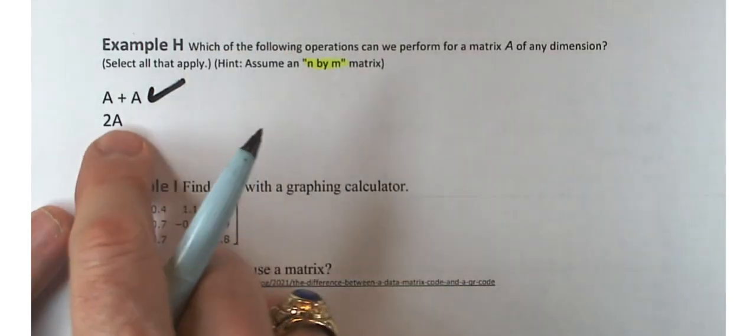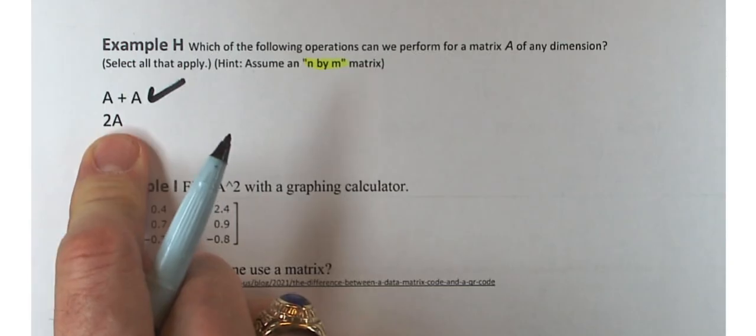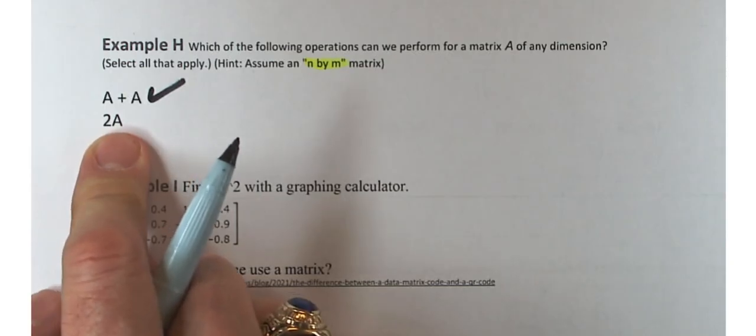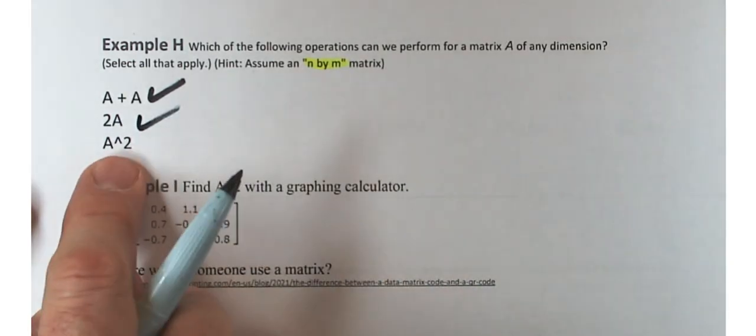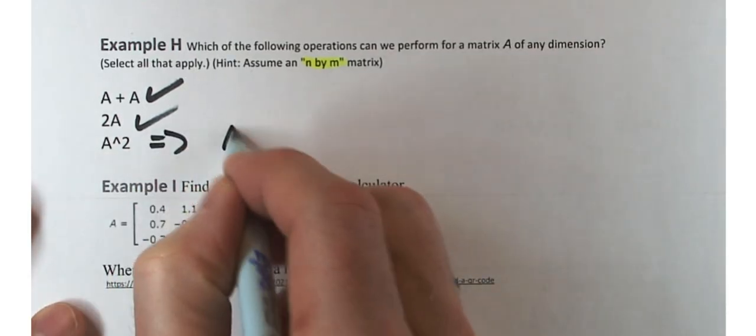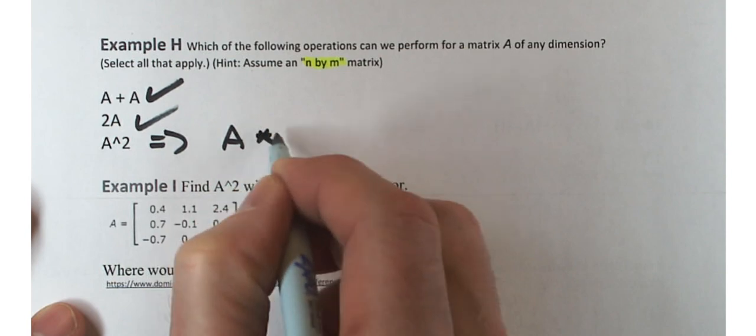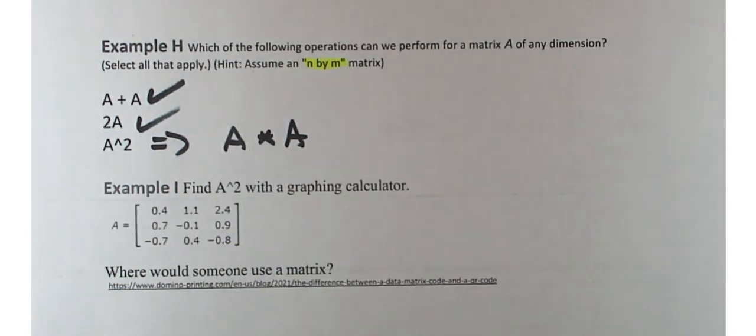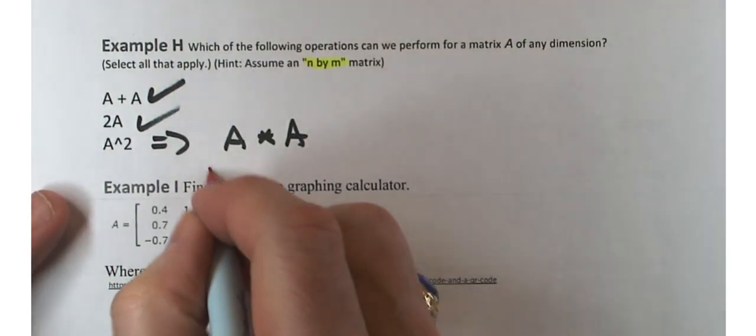Can I do that independent of the size of the matrices? Yeah, we're okay there. How about squaring the matrix? What do you do when you square something? Times it by itself. Can I multiply it by itself if I have each of these as an n by m?